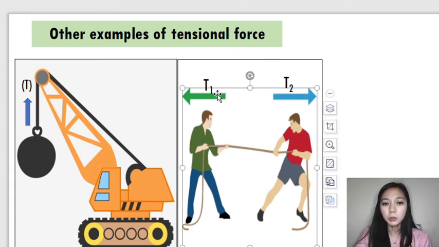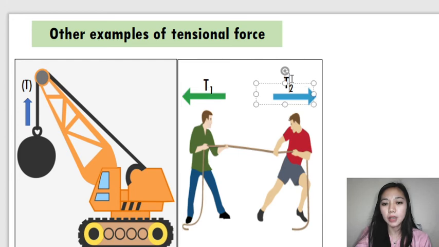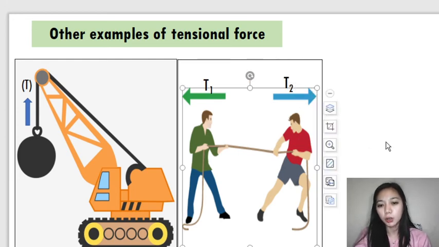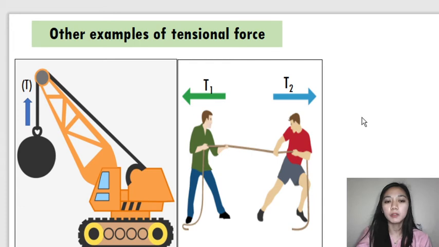Dito, sa tension 1, papunta doon sa direction ng paghila ng ating man 1. Dito naman, o yung object 1, dito naman, yung sa ating second tension force, the direction is towards the motion or the pulling of the second object or the man 2. Ganun yun, no? So, we have to be careful with placing the direction of the forces.